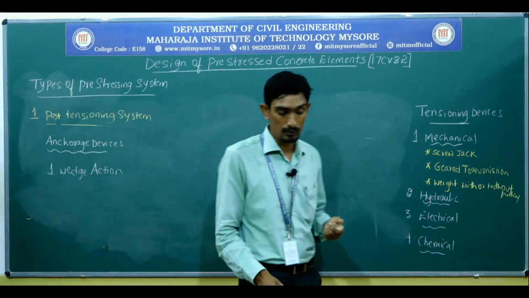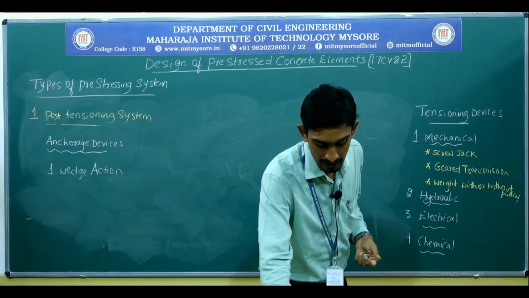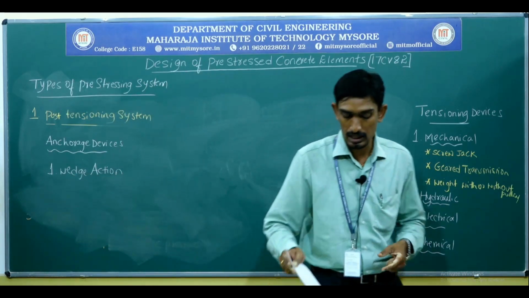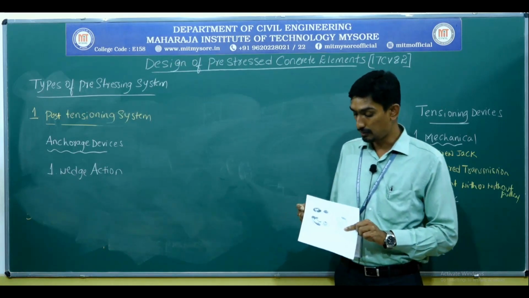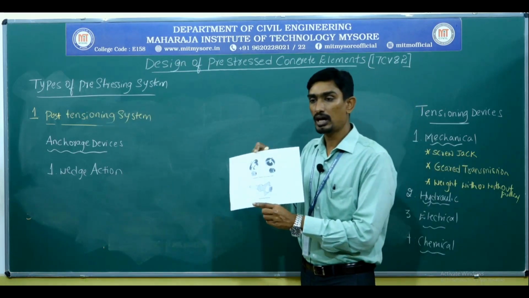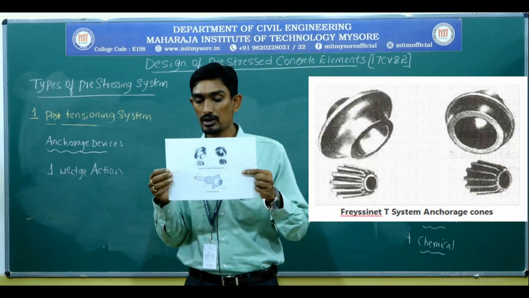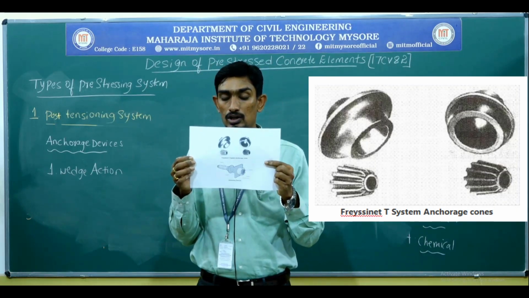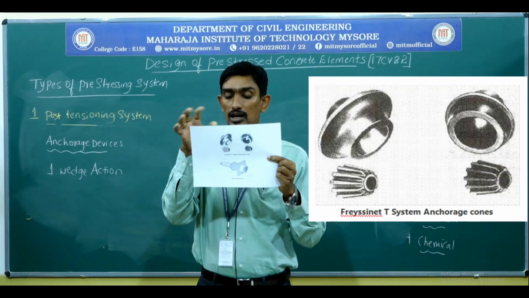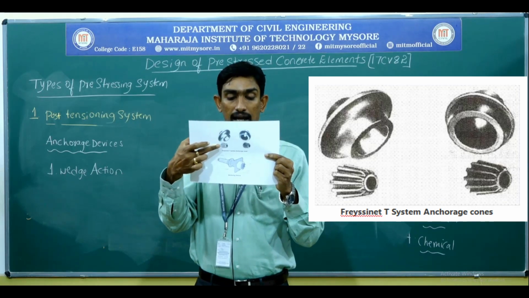Okay, wedge action or wedge. So the wedge action will produce the friction grip. You can see here in the photo which I have been showcasing on the top. So these are all called the anchorages.